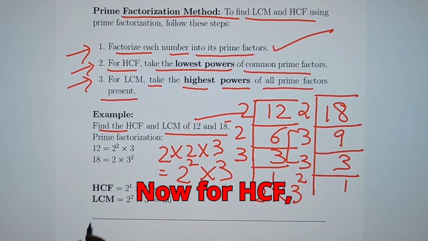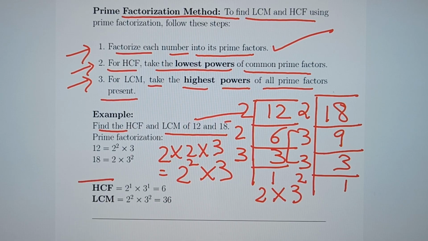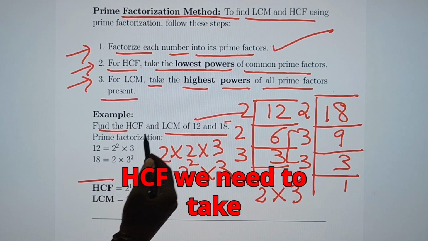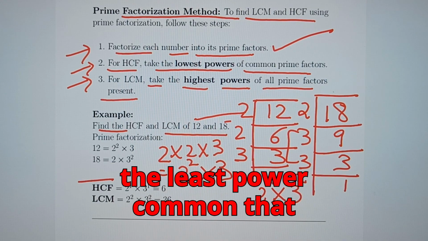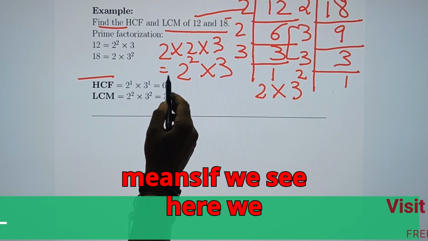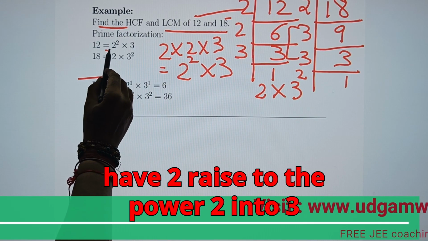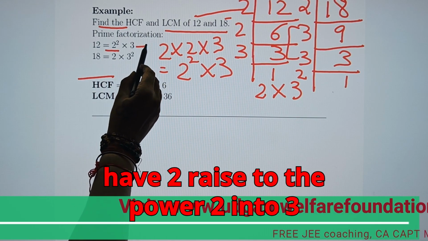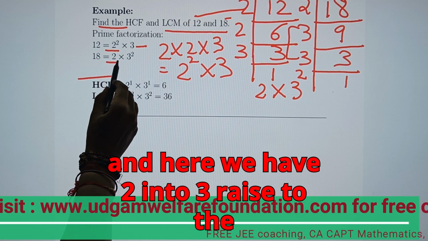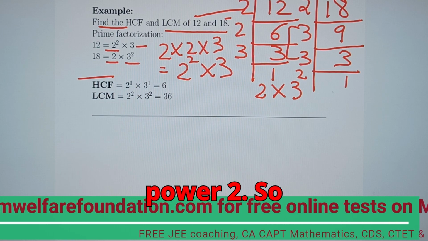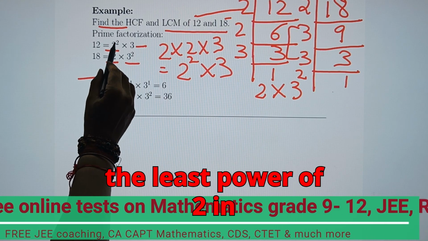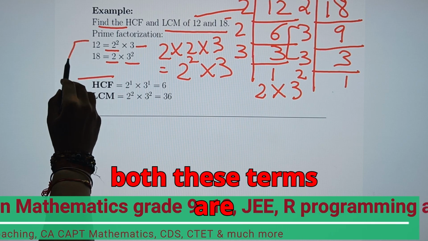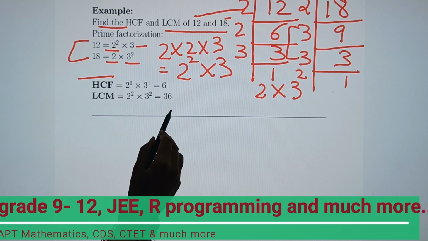Now for HCF. For HCF, we need to take the least power common. That means if we see here, we have 2 raised to the power 2 into 3, and here we have 2 into 3 raised to the power 2. So the least power of 2 in both these terms is 2.